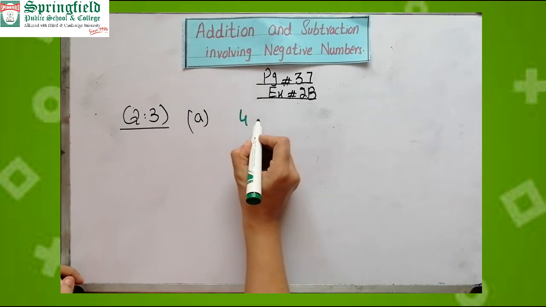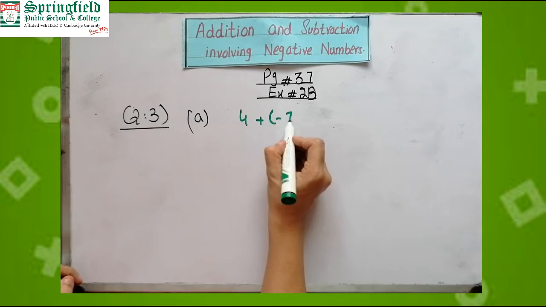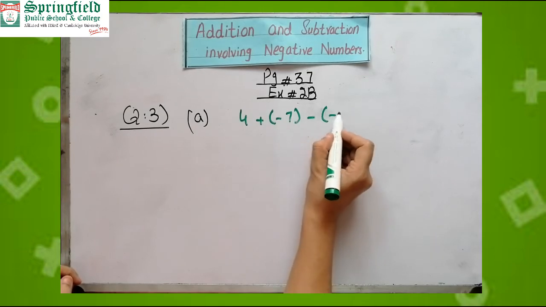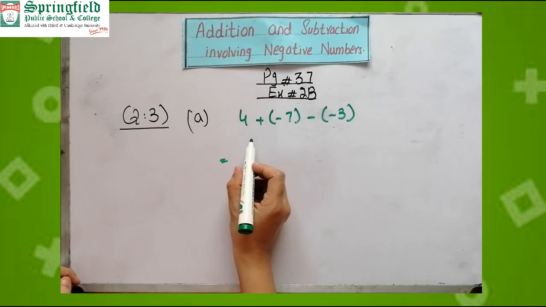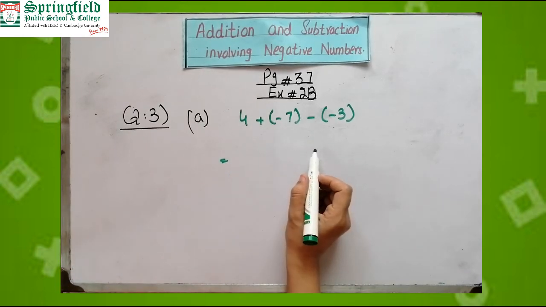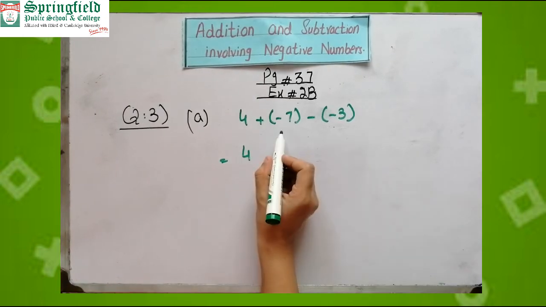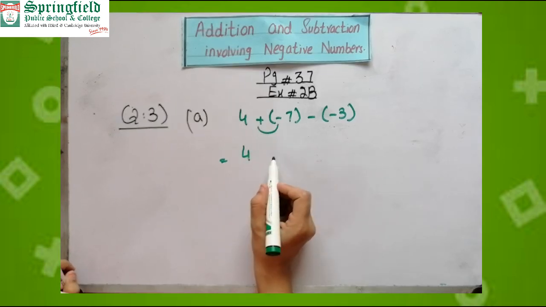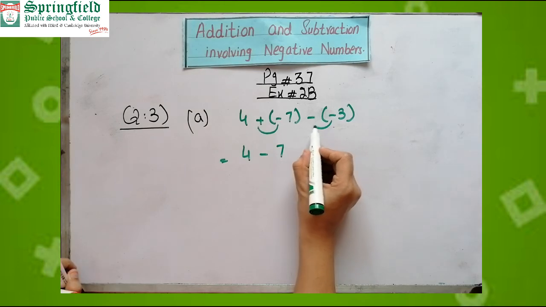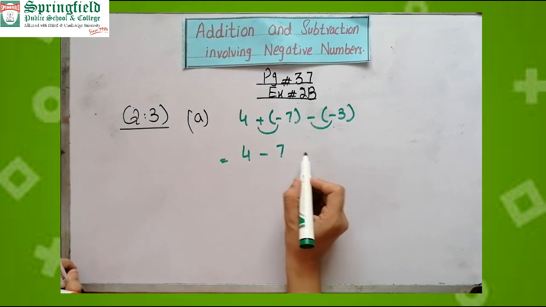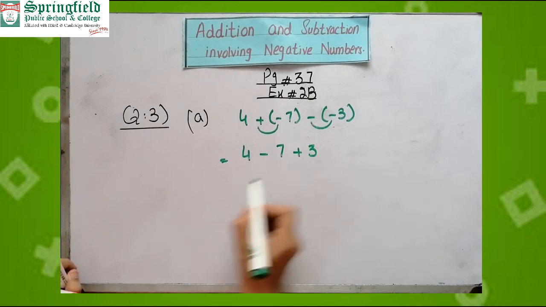4 plus, in brackets, minus 7, then minus 3. So beta, how can we add and subtract integers? First open the bracket: 4, minus plus minus 7, then again open the next bracket, minus plus 3.